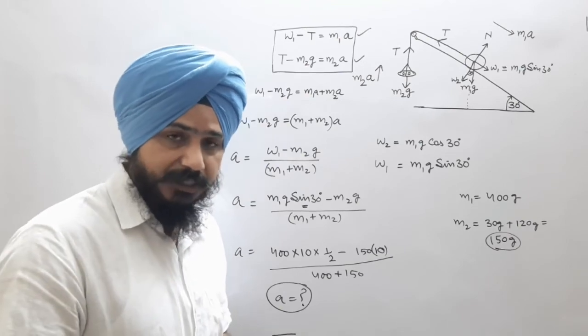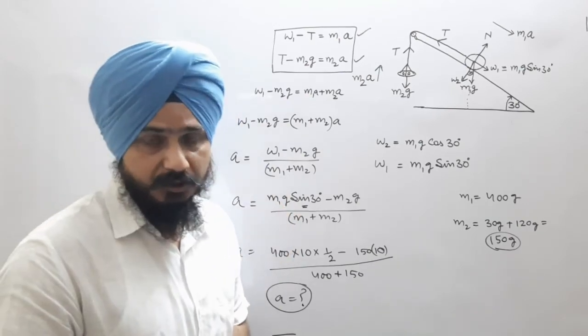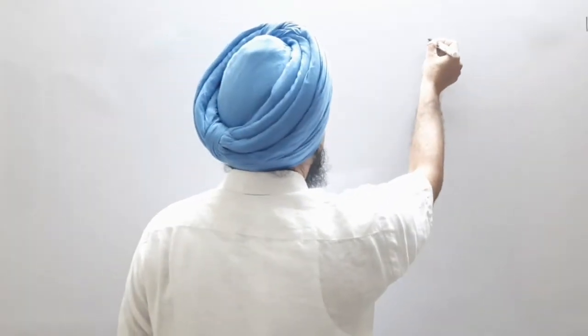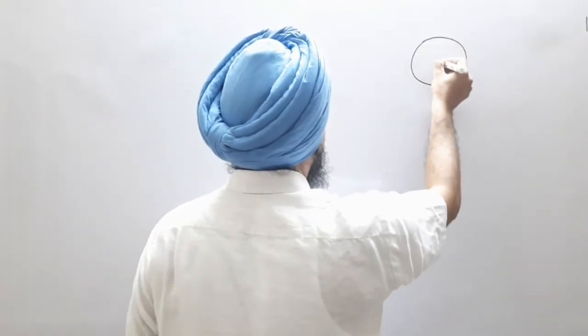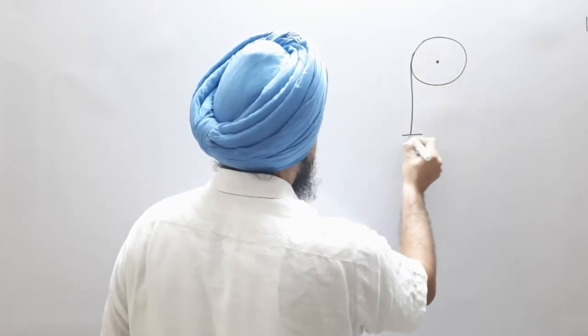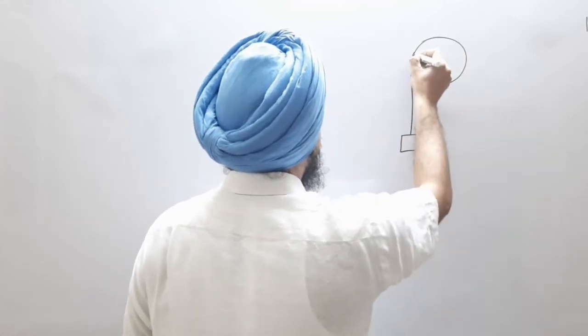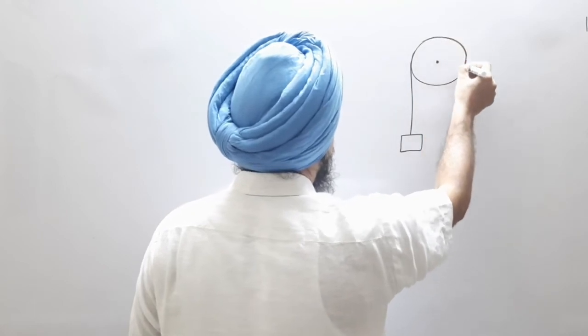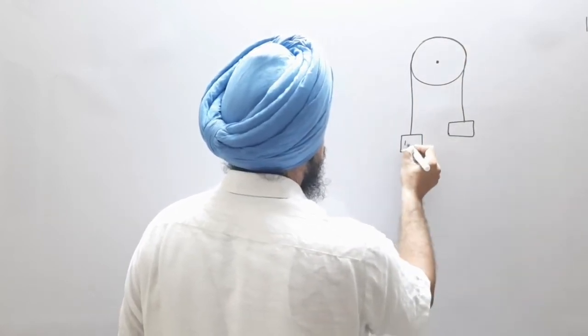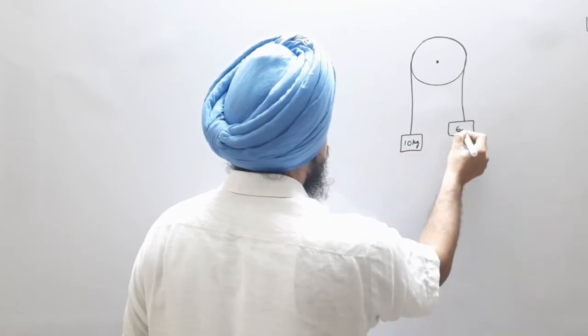Also, we will discuss some pulley problems here. Suppose we have a pulley and two masses are attached to it, one of 10 kilograms and the other of 6 kilograms.